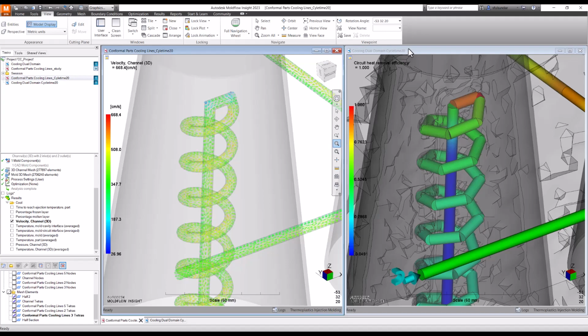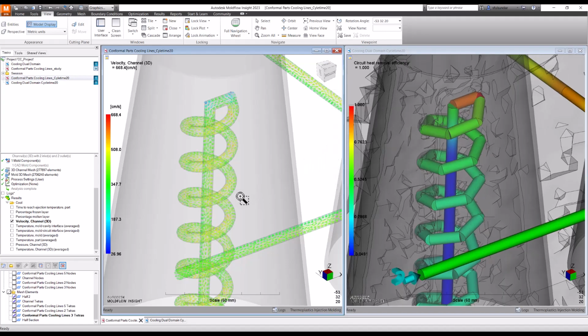And that's the reason I told you at the beginning that if your cooling channels are too complicated, with a very organic shape that cannot be represented with the help of 1D elements, then it makes sense to model that with the 3D, because that will help you to understand those dead zone areas, the areas where the velocity is dropping down, and the areas where the velocity is suddenly rushing very fast.